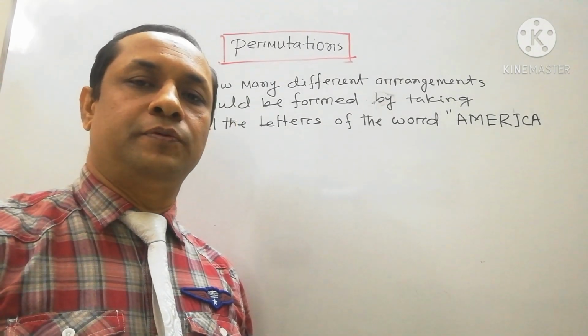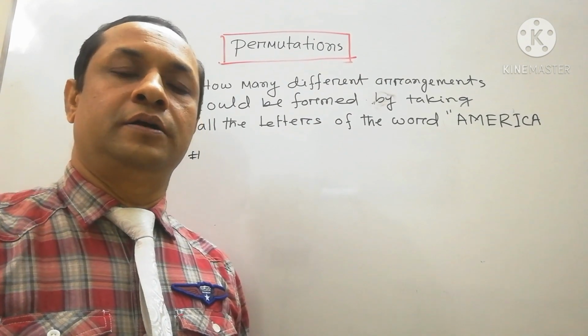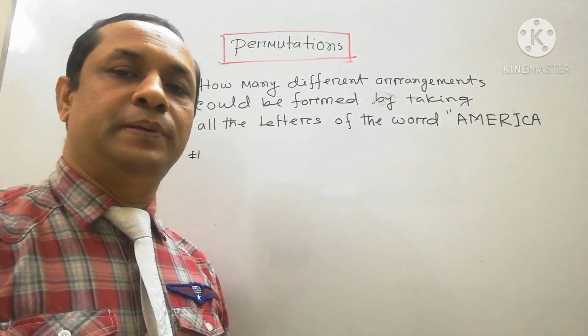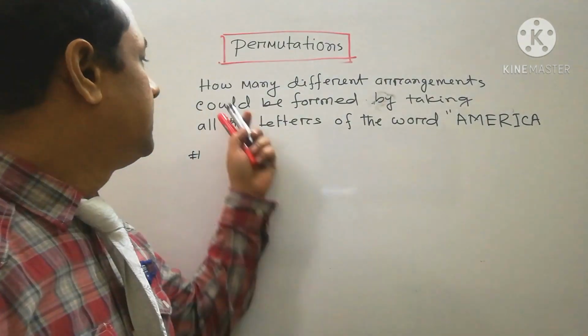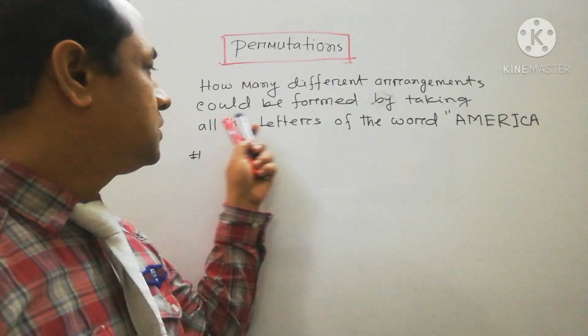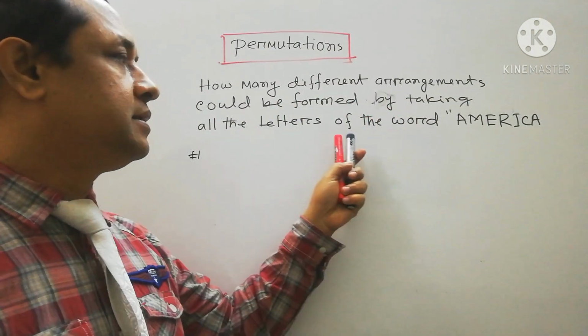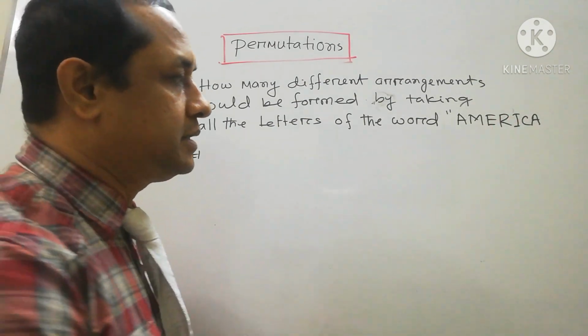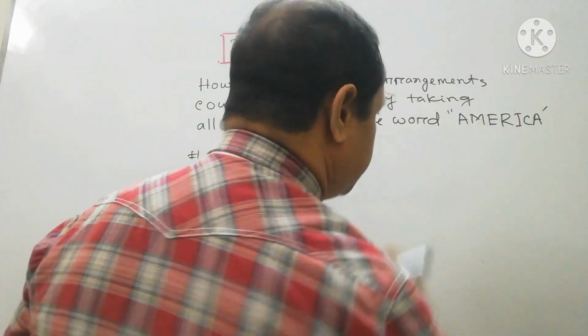Students, another example for all things not different. Attention please, students, look at the board. How many different arrangements can be formed by taking all the letters of the word America?